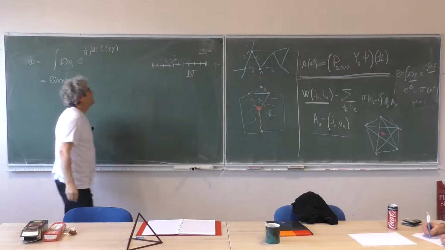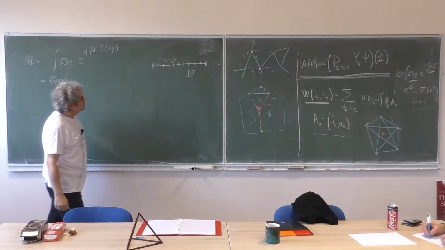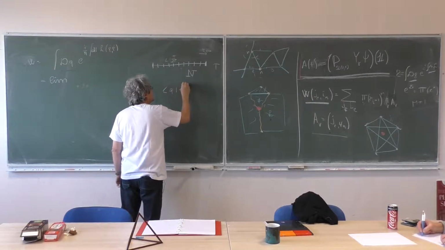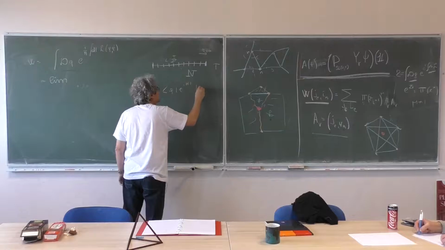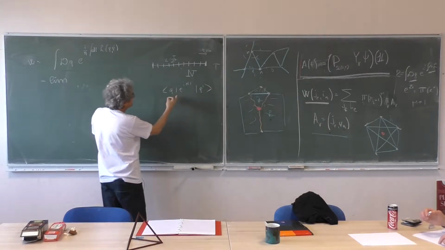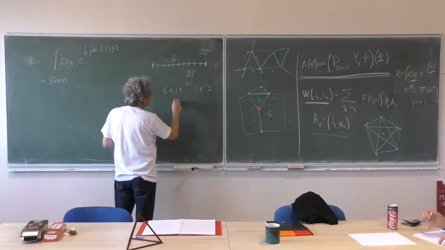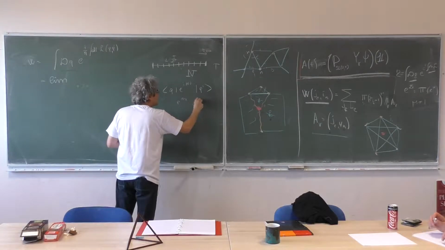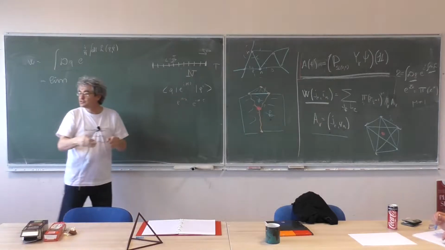And what Feynman did is to take this thing here, e to the i H t between q and q prime, and break it into a product of e to the i H epsilon, many of these. Insert a resolution of the identity.